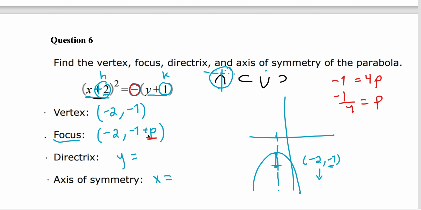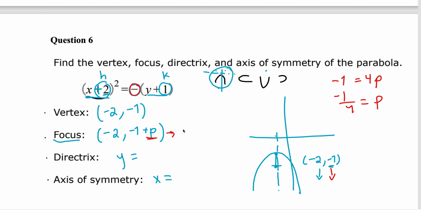So in the focus it's going to be -1 plus p, which is negative, so it's technically -1 minus 1/4. Or you could see it this way: you have -1 and you want to go down 1/4 units. So both ways you get the answer.